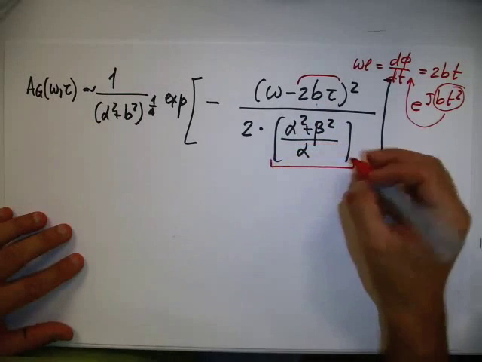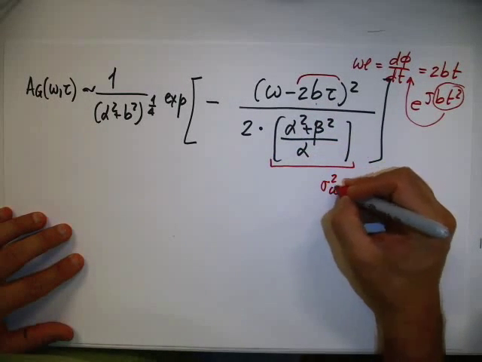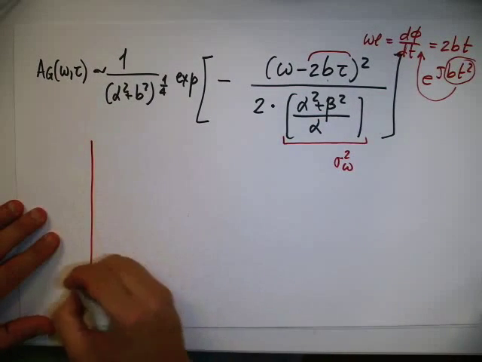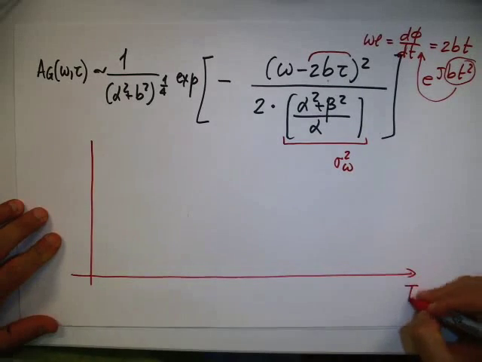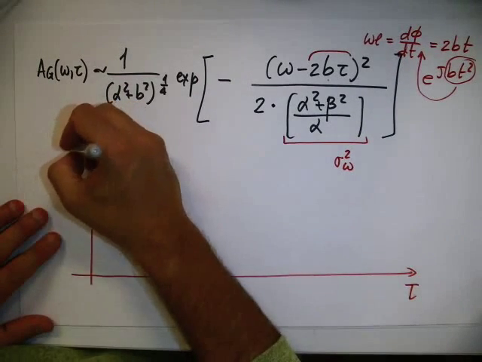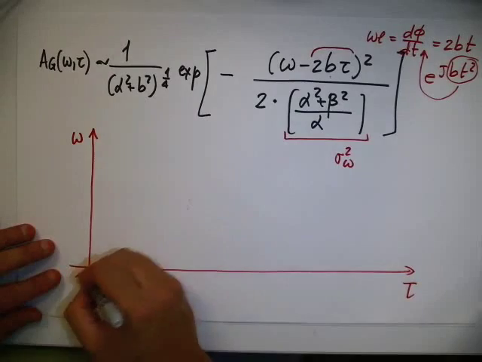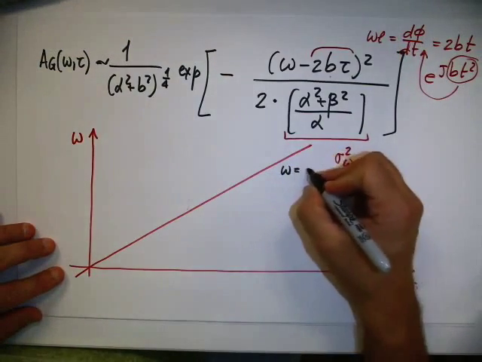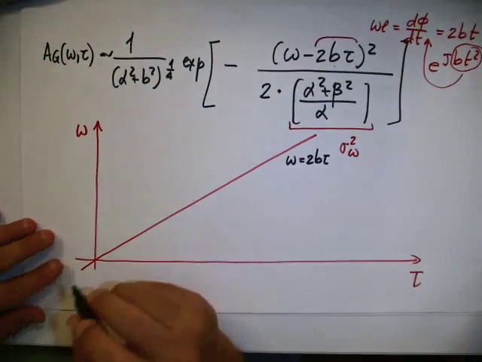And this is basically the spread around the mean. So what I learn from here: I have a diagram, tau as a function of omega. Here I have the line, the linear frequency 2 beta tau.